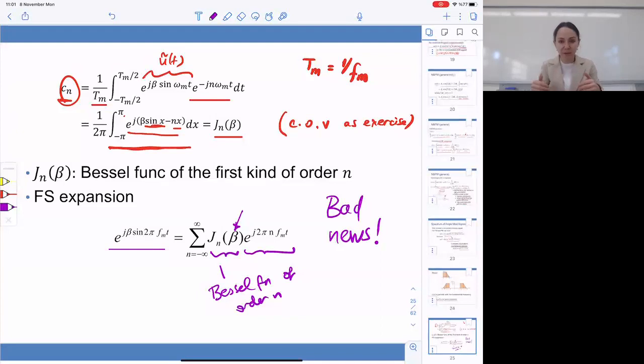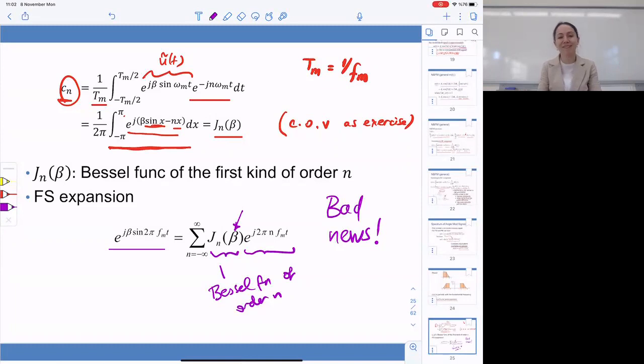But in actuality, when we are not in the narrowband limit, meaning when beta is not very small, then FM and PM signals theoretically are spread out over an infinite bandwidth. Okay, you may say, is it really infinite?